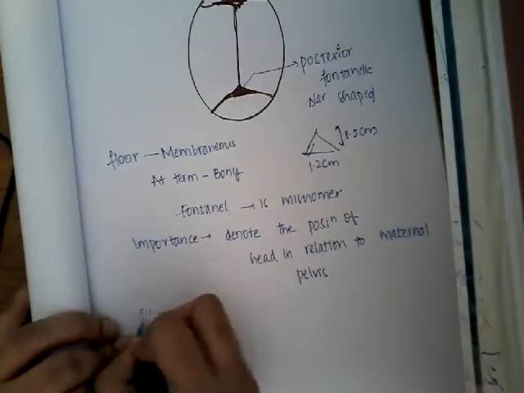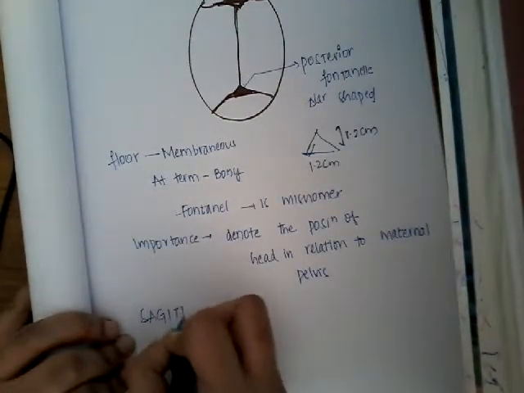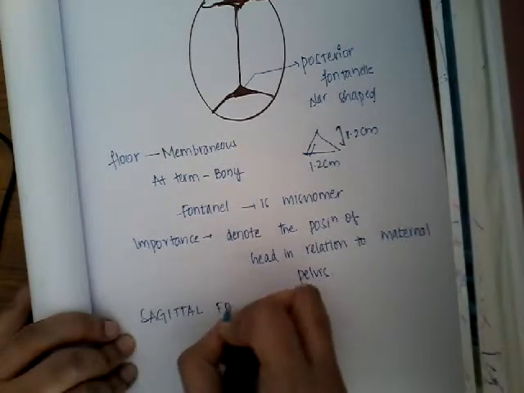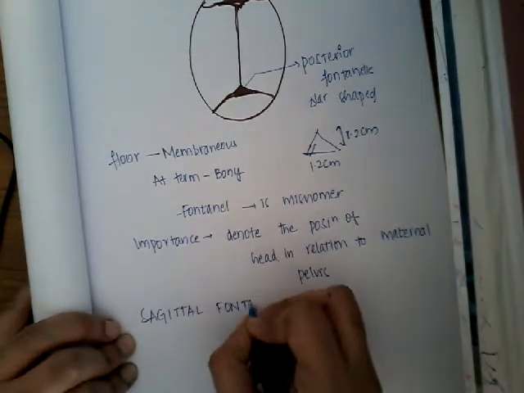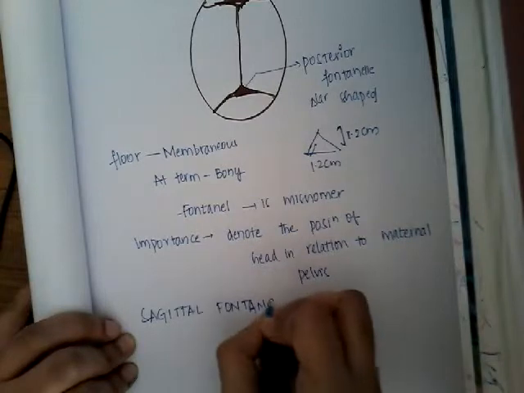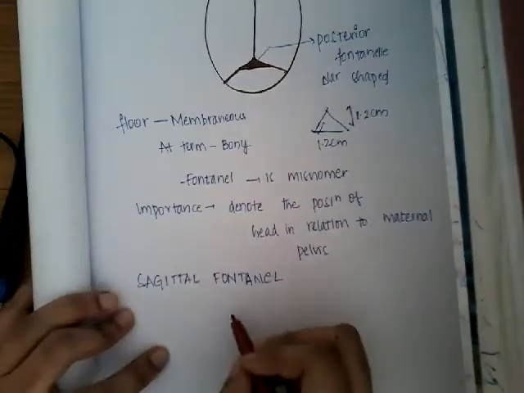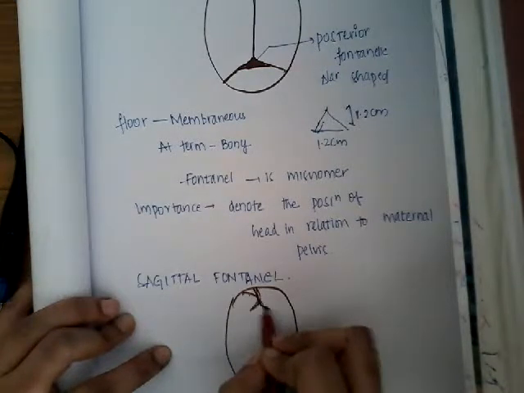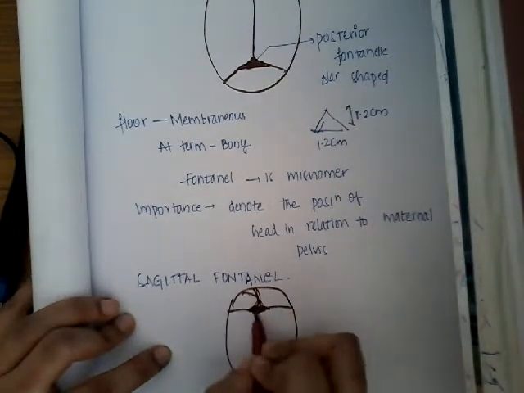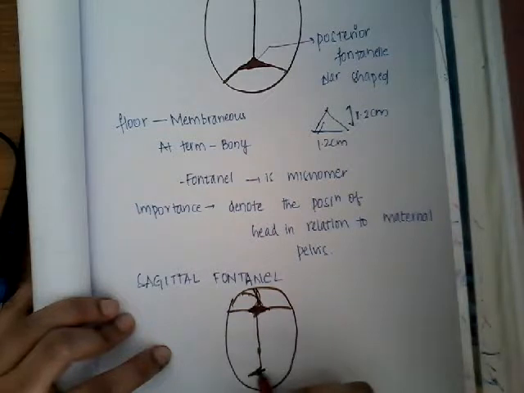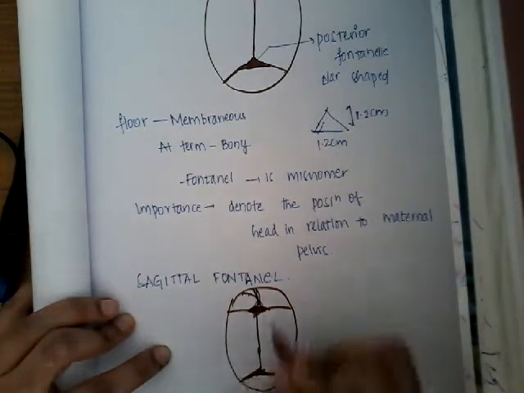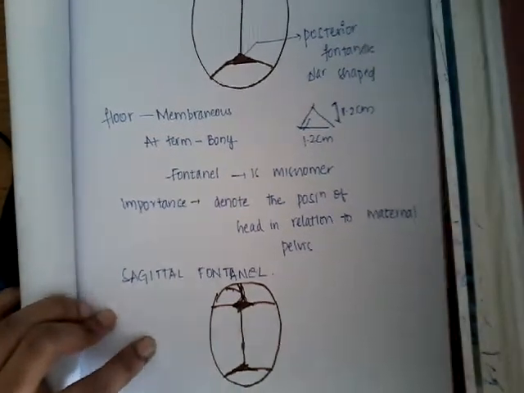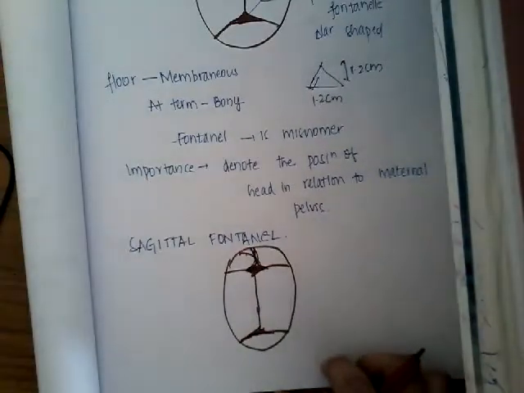Let us learn about one more fontanelle, which is the sagittal fontanelle. If you see this, this is the anterior fontanelle, this is the posterior fontanelle, and 2 sutures. The sagittal fontanelle is inconsistent in its presence. It is present only in some individuals.